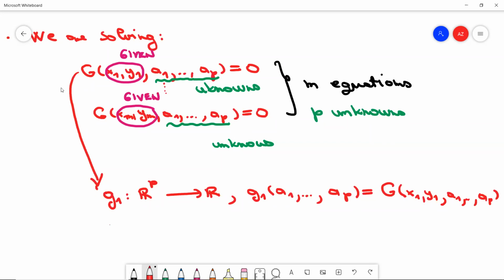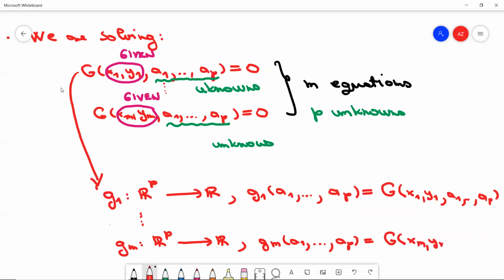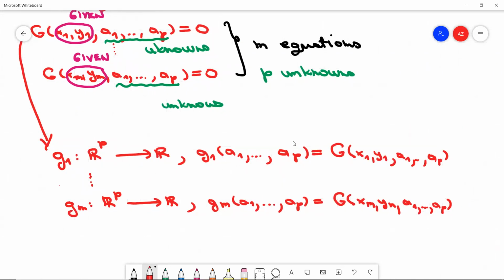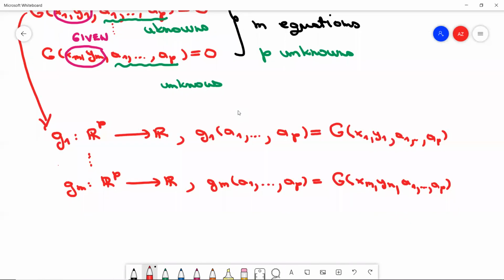And then g2, and so on up to gm, which is again a function of p parameters into R, and gm on the parameters a1 up to ap is equal to capital G of xm, ym, a1 up to ap. Those, g1 up to gm, are called coordinate functions of a vector function g.